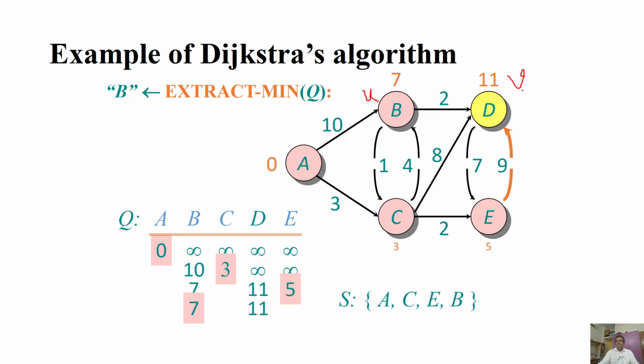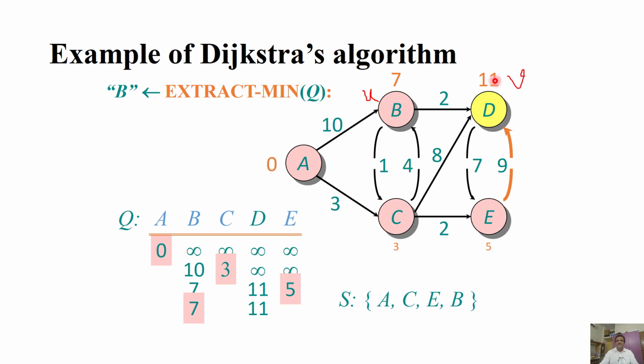Okay. Now it had a path whose cost is 11, a path from S to this with cost 11. Now we have a new path. We can go from S to this vertex U with a cost 7, and then from there we can take this direct edge, which costs 2. So 7 plus 2 is 9, which is better than 11. So this path is better, and we must keep this path in our record.